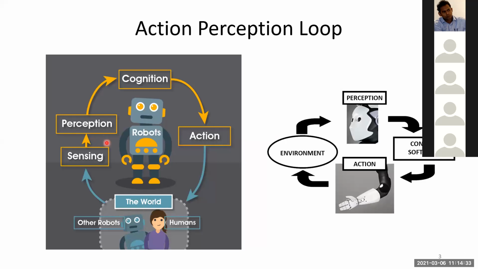Then there's a central computer or a processor which acts as the brain, and it decides what its course of action would be. Then it has actuators like arms and motors which actually deliver the action. So it happens in a loop. From the real world it senses, then it decides its action, then it executes the action, and again it is sensing the environment. That is known as the action perception loop.